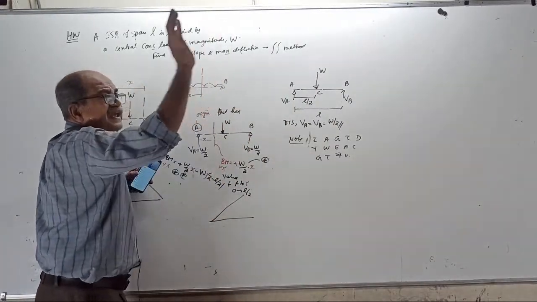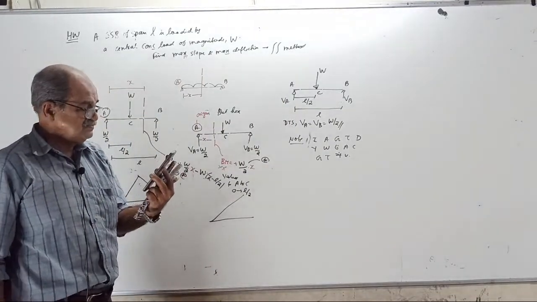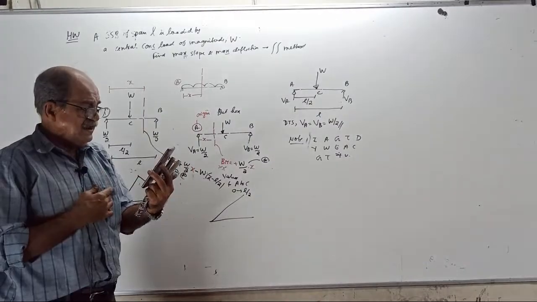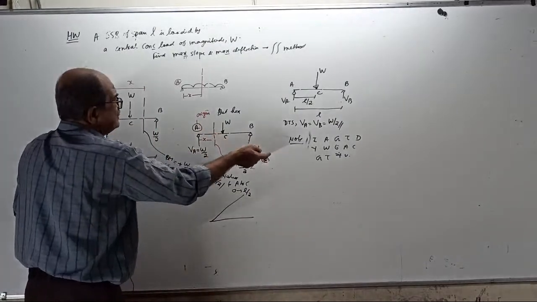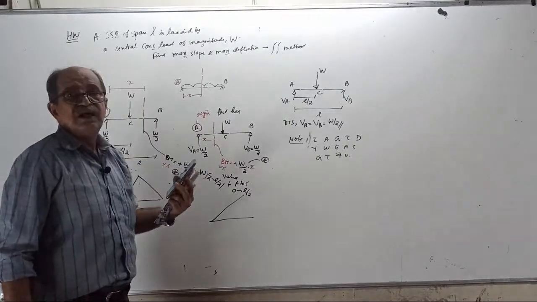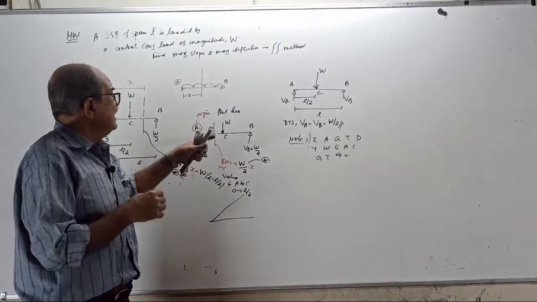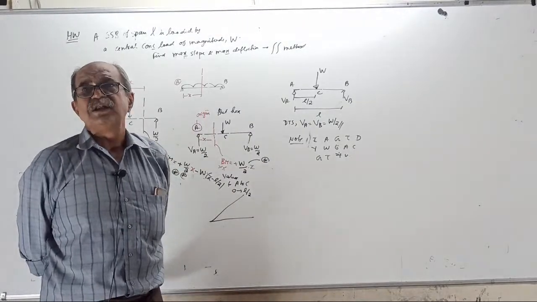It will keep on increasing. That equation is not valid because once you go beyond C, the minus W term will come. Therefore, with a single section, you cannot solve the question.